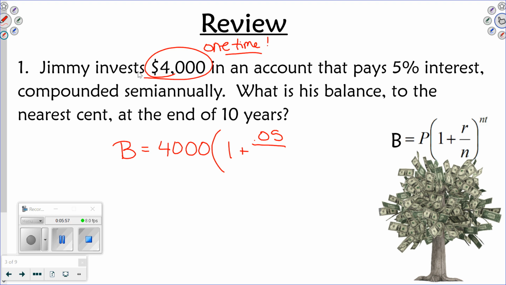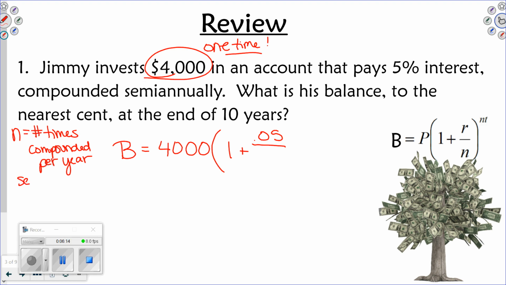So guys, on your formula sheet, could we write some of these on here? N equals number of times compounded per year. And then you may put underneath here, just to try to help yourself out a little bit, right? If it's semi-annually, that's 2 times.